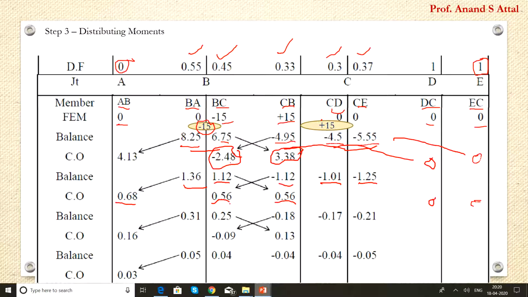Again due to the carryover of 0.56, joint B becomes unbalanced, and again we distribute it, 0.31 and 0.25. The same steps as in the previous cycle, we carry over and do these steps again and again until we reach values of 0.05, 0.0 order.